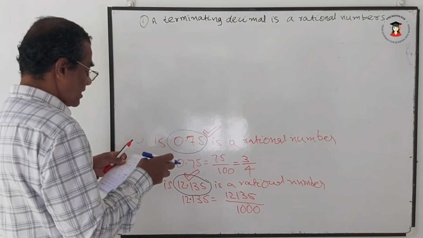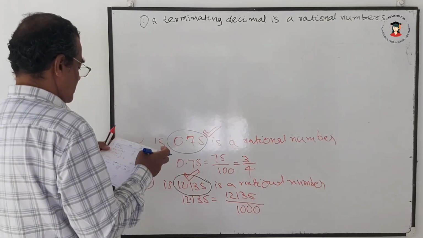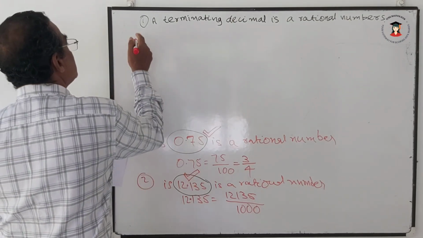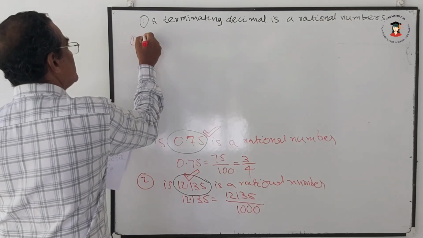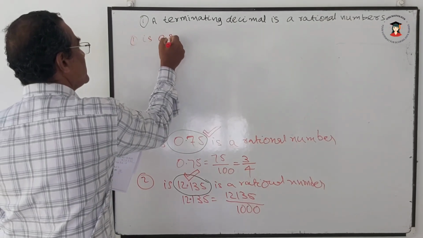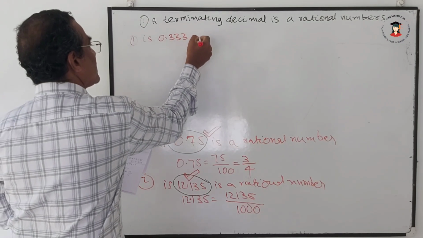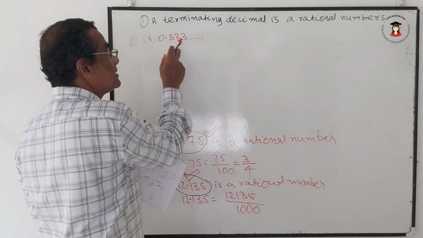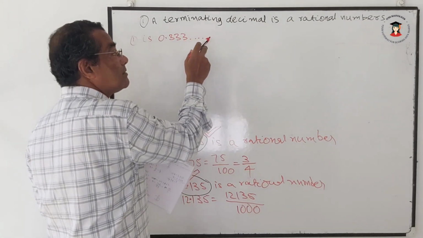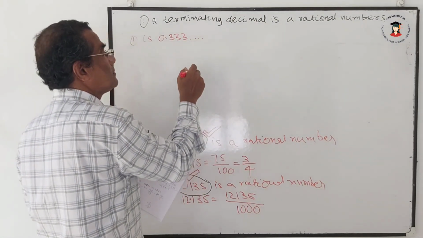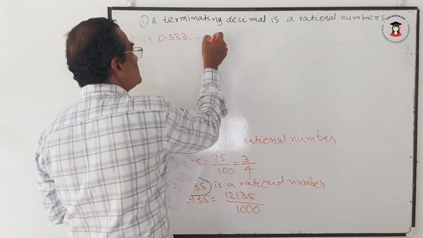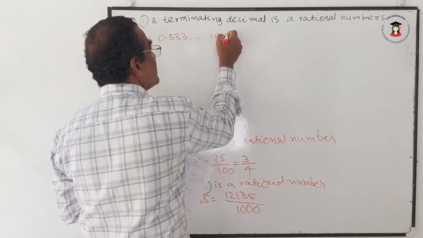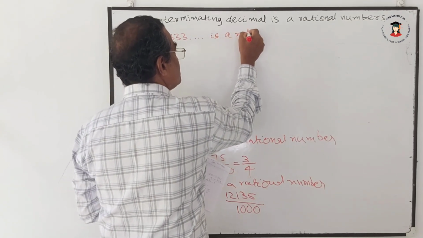So considering non-terminating decimals, my first question is, is 0.333 etc. a rational number? Etc. means the digit 3 is repeated infinitely.